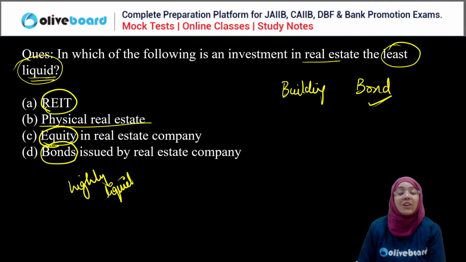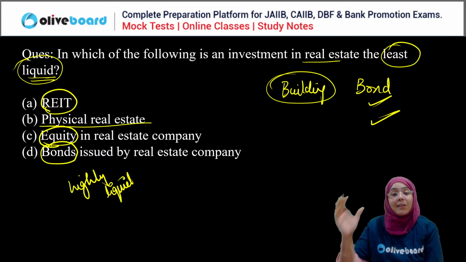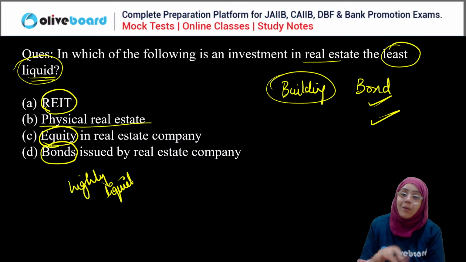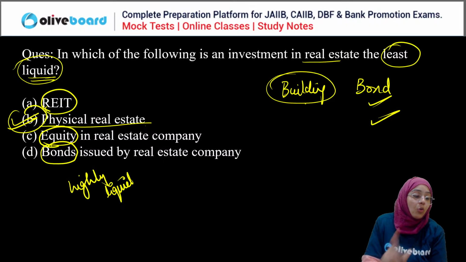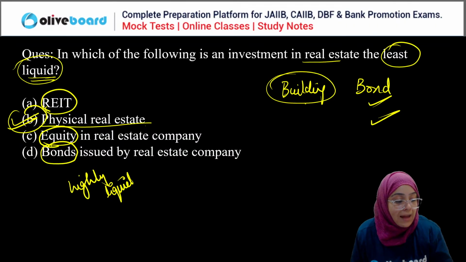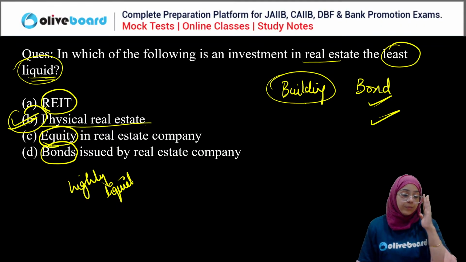Obviously the bond. In a building you have to follow a lot of norms and procedures, and you have to search for a buyer. It also can be sold in the market, but it is less liquid than a bond. So the least liquid is physical real estate. Only one, Gopal, is correct here. Okay, done. Clear.